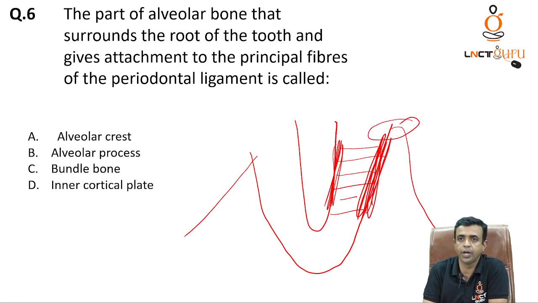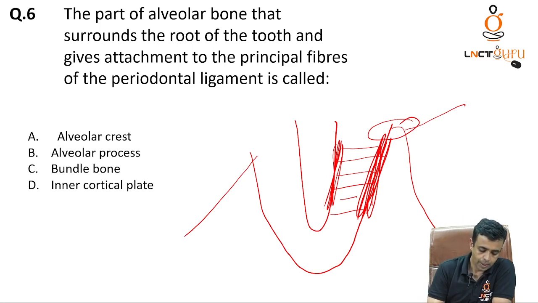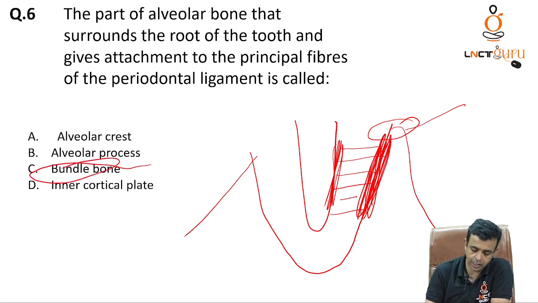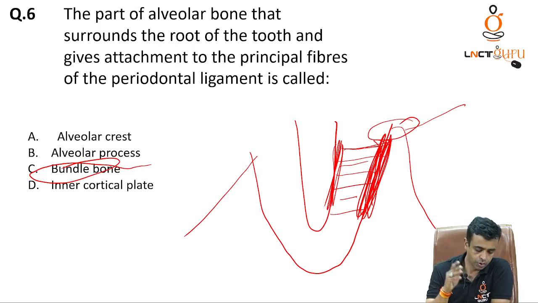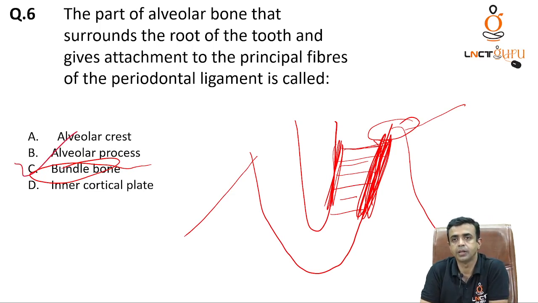The highest point of alveolar bone is called as alveolar crest. What is alveolar process? The alveolar bone is sometimes called as alveolar process. Bundle bone. So this portion of the alveolar bone where these PDL, periodontal ligament fibers, are inserted is called as bundle bone. So the right answer is option C.